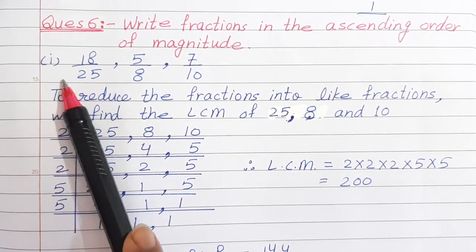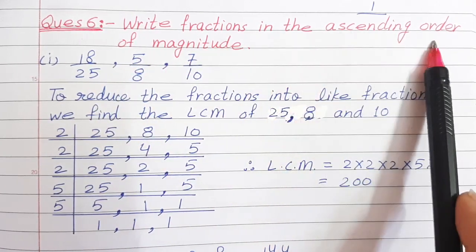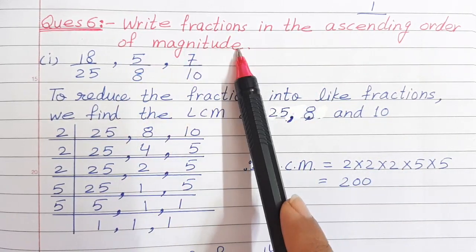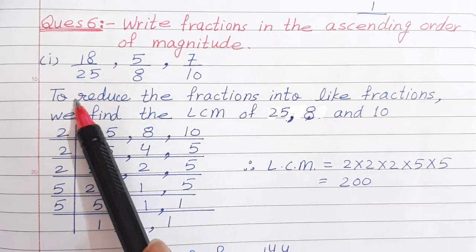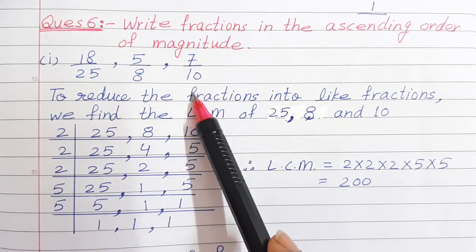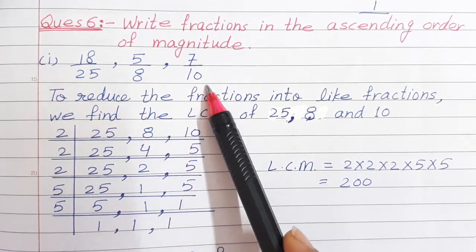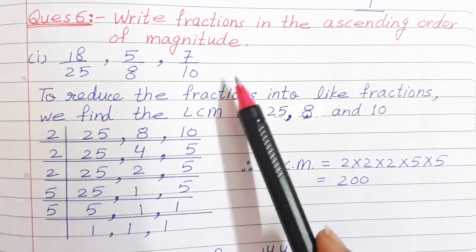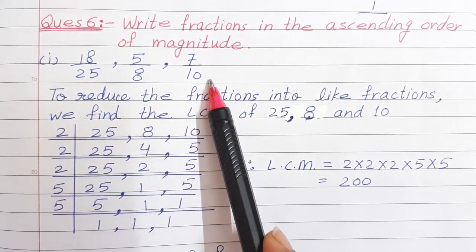Now see question number 6. Write fractions in the ascending order of magnitude. And the fractions are 18 upon 25, 5 upon 8, 7 upon 10. Now children, you can see that the denominators are different. So we can say these are unlike fractions, right?